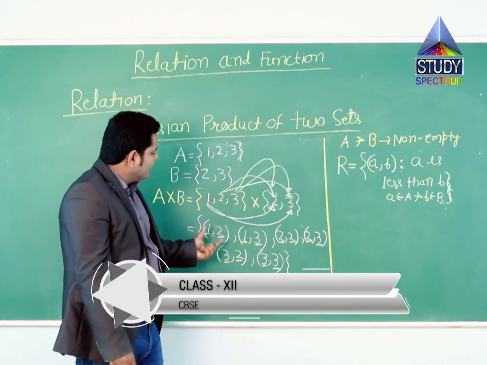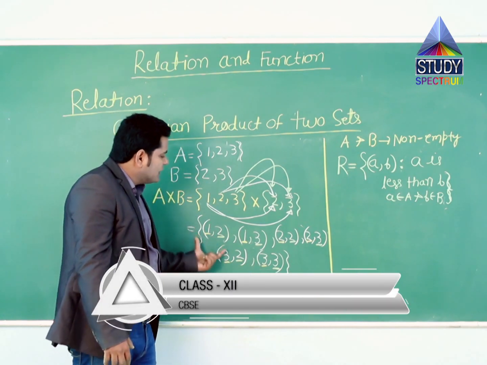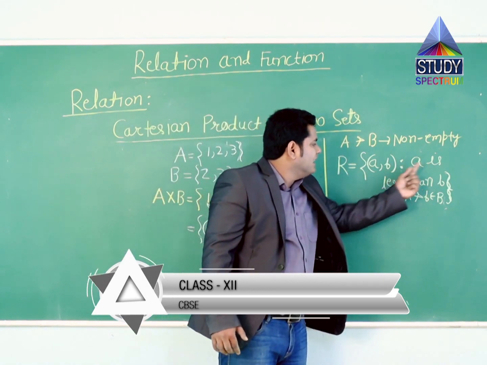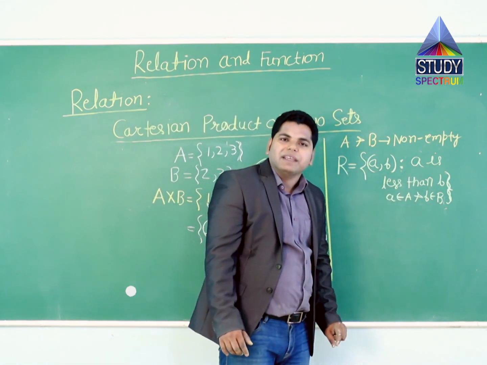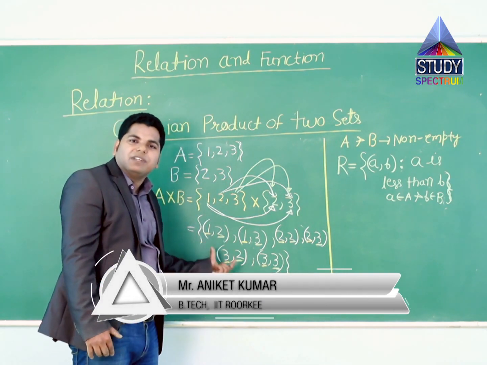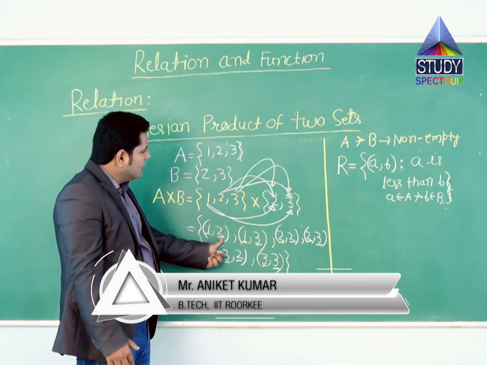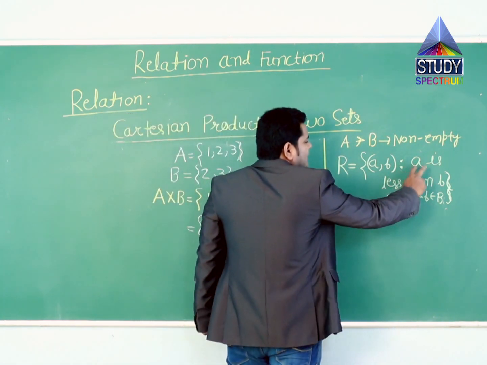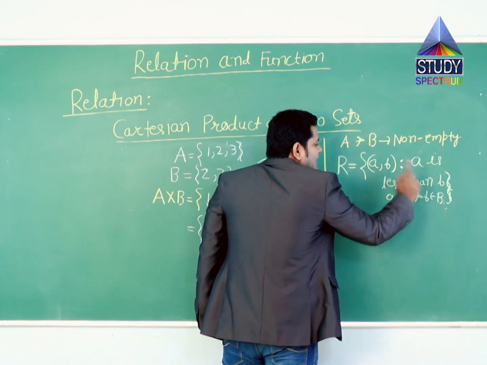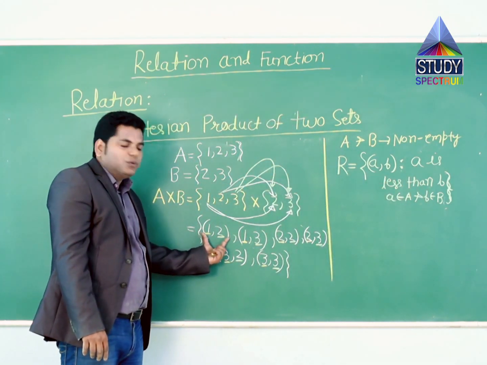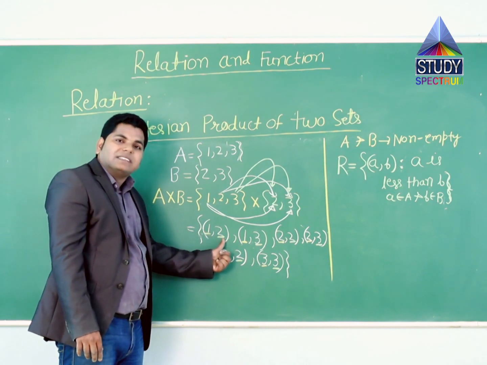Now we'll take only those elements from A cross B which satisfy the relation a is less than b. Now observe each and every ordered pair. According to the definition of the relation, the first component should be less than the second component. Now observe this ordered pair (1, 2). The first component is less than the second component.